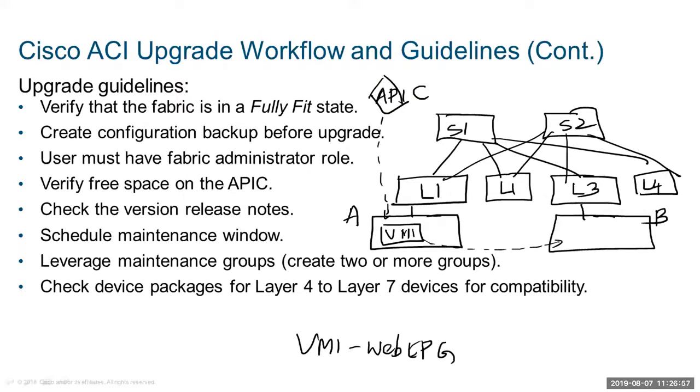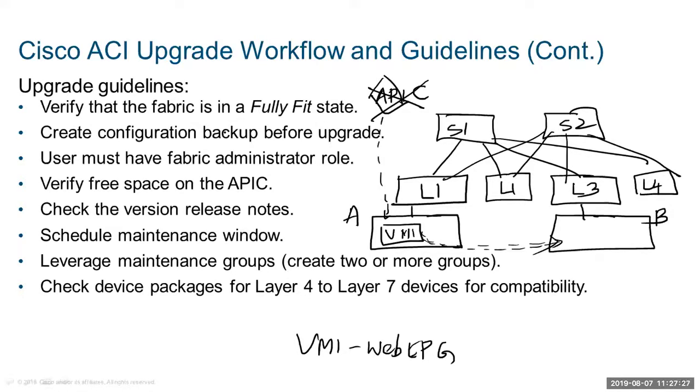Any policies pertaining to web EPG will be in Leaf 1, but Leaf 3 doesn't have any web EPG. So if the server administrator moves this and none of my APICs are up, of course, the answer would be this move is not going to be successful.